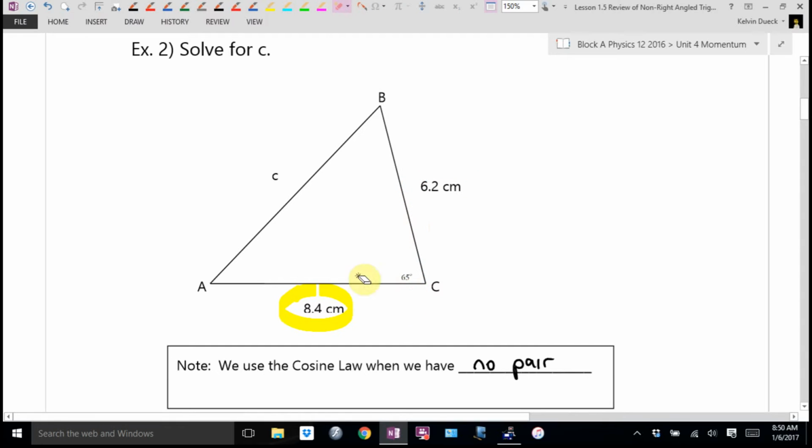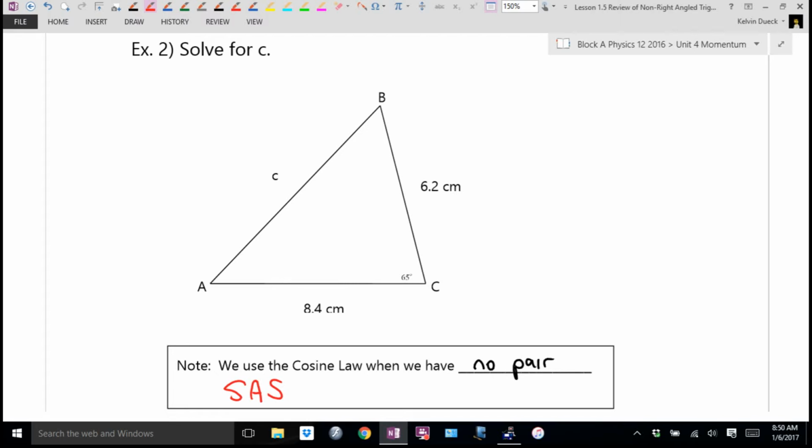In geometry, we used to say if you have a side, an angle, and a side, and the angle is between them, we would write it as SAS. That's a cosine law. But honestly, I always check for sine law first, because sine law is the easiest one out of the two to use. It's less typing. It's really math 8 cross multiplying, really.